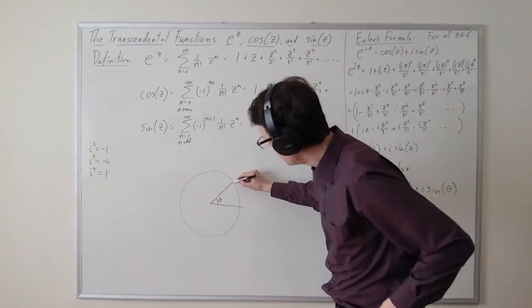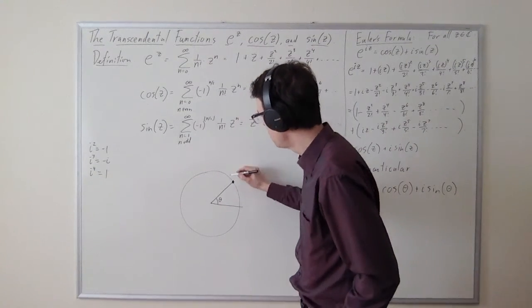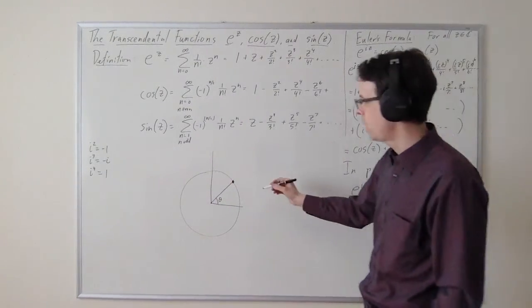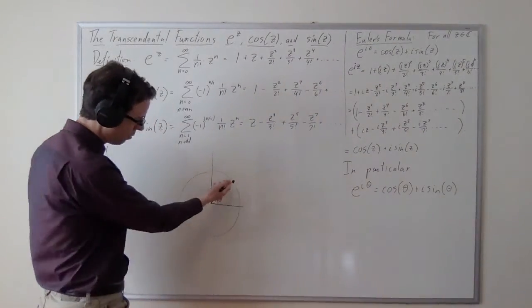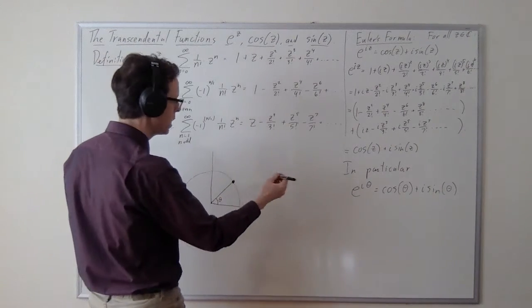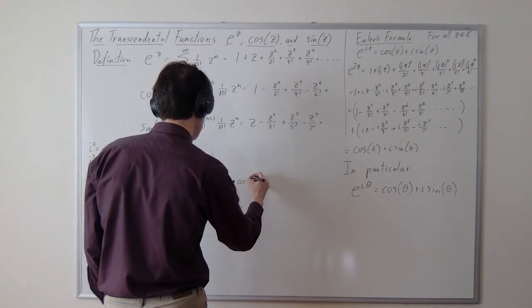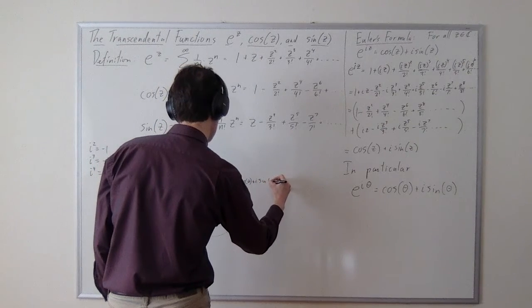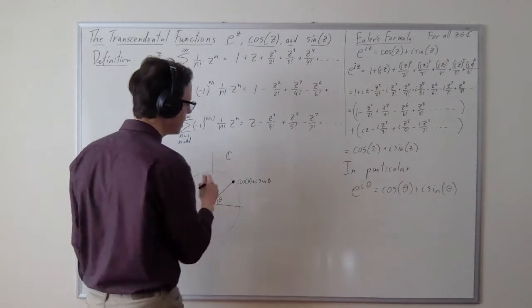Cos theta describes the x-coordinate of this point in the plane, R2. Sine theta describes the y-coordinate of this point in the plane, R2. Cos theta plus i sine theta is exactly this point because, well, in the plane C, right?